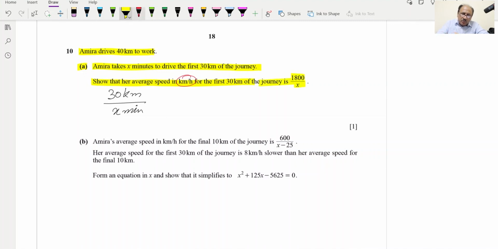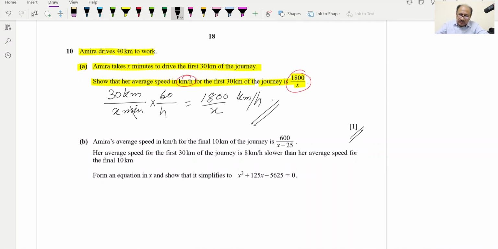So what we will do, we will change minutes into hours, and for minutes in the denominator, we will be converting by 60 into hours. Now this will be equal to 1800 over x kilometers per hour, and this is what we have shown.